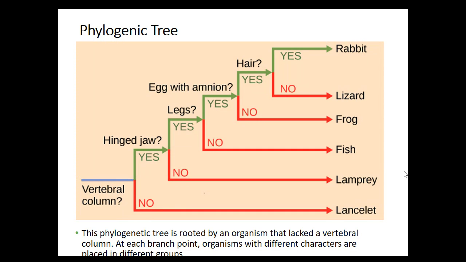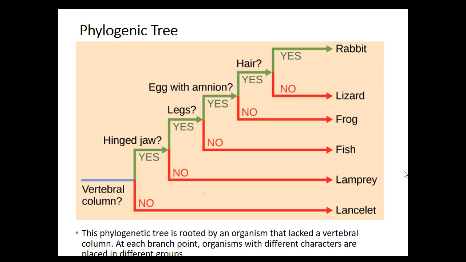So the lampreys didn't have a hinged jaw. But then this population of animals with hinged jaws evolved legs. So all these fishes, frogs, lizards, rabbits, these have legs. Fishes never did evolve legs.